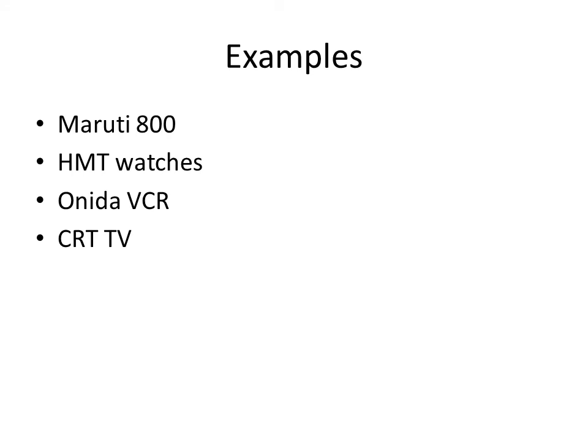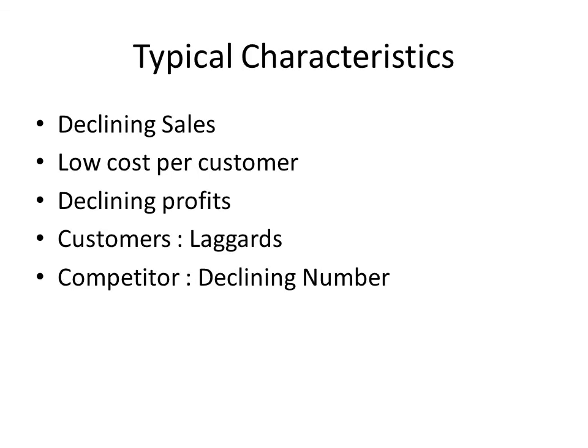We saw examples of Maruti 800 and HMT, which were big brands during their heydays, but slowly they were phased out. And in product categories, you can see something like a CRT TV, which is slowly being phased out, with new LED and smart TVs taking over. In fact, I doubt whether you would find a CRT TV in most TV showrooms nowadays.